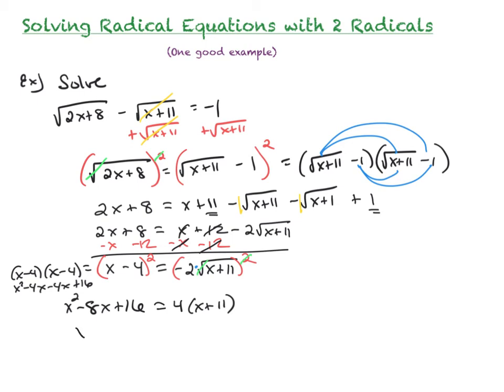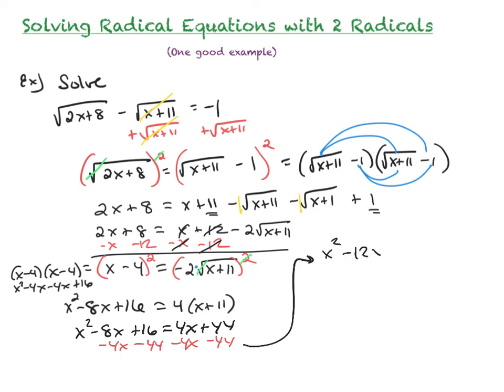So let's see, this is x squared minus 8x plus 16 equals 4x plus 44. And getting that 0 on one side by subtracting the 4x and the 44. And we're running out of room. We've got x squared minus 12x, minus 28 equals 0.